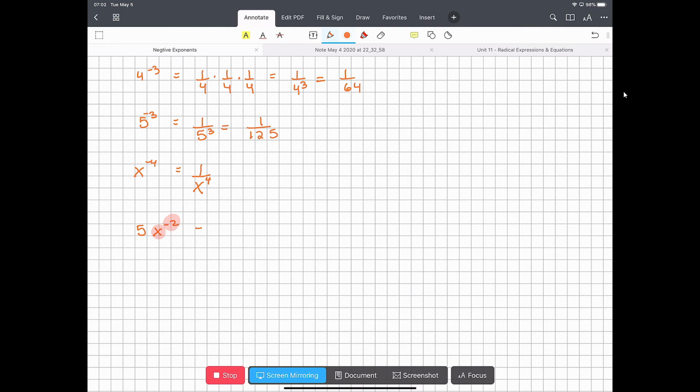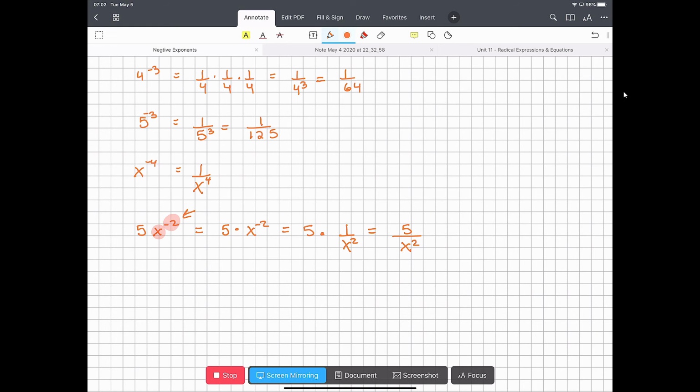So if I was to break the work out, this is really 5 times x to the negative second power, which is 5 times 1 over x squared, and then simplified 5 divided by x squared. So that's just something to be careful for, that the exponent only belongs to the variable. It doesn't belong to both the coefficient and the variable.